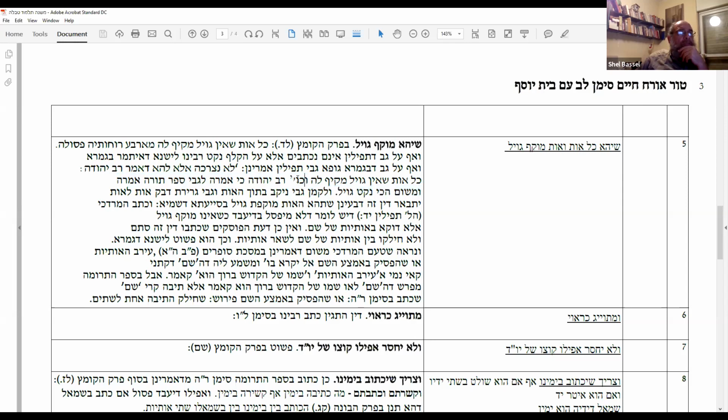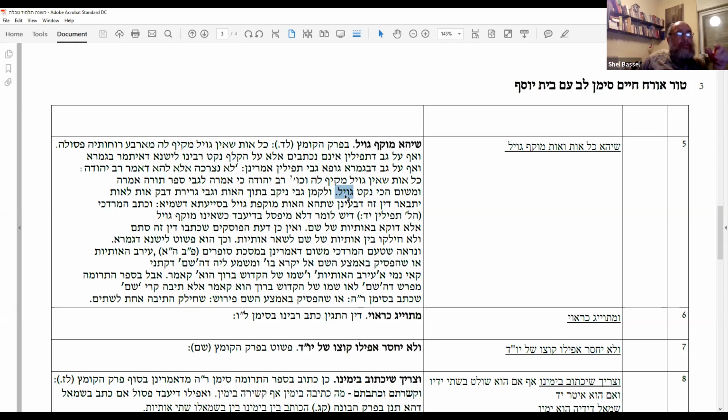So what you see there is that the Gemara itself brings a proof that letters in tefillin which are written on cloth, have to be surrounded by blank space, we call it, right? But they use the term gvil, even though Rabbi Yehuda, ki amra legabe sefer Torah amra, when he said his din, he was clearly speaking about a sefer Torah, which is written on gvil, mishum hachi nakat gvil, and that's why he took the language of gvil.